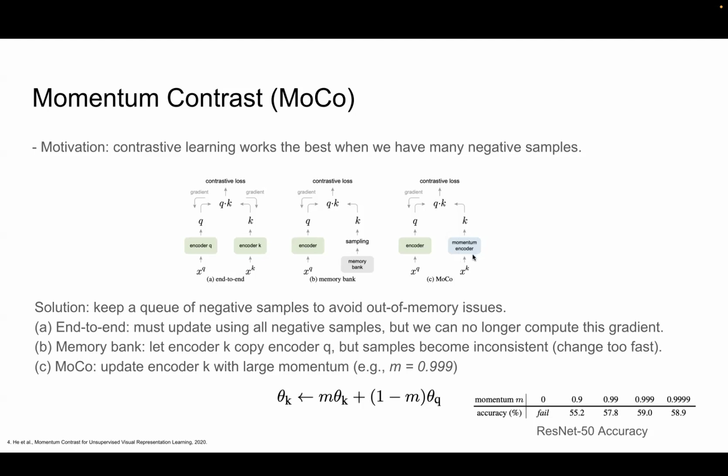We keep it fixed most of the time and only update it a little bit over time. Same as with the memory bank, because we are no longer backpropagating into this momentum encoder, we can save a lot of memory, and this will allow us to use a larger number of negative samples.